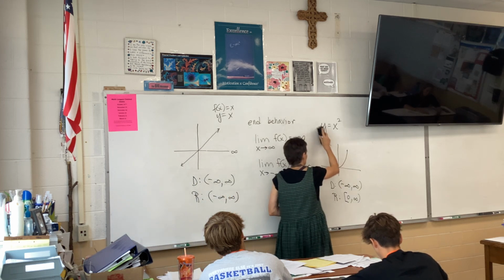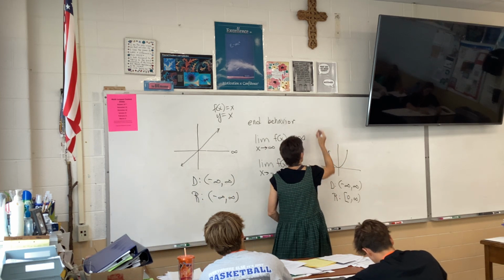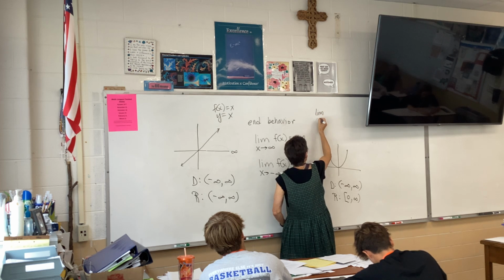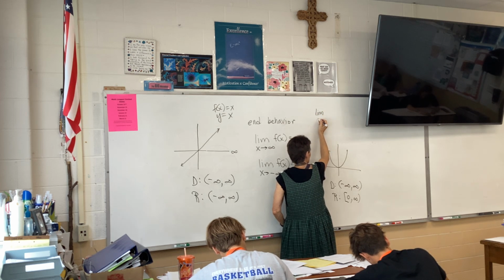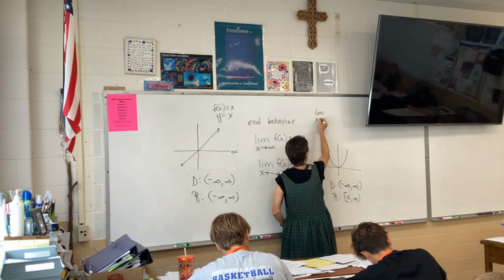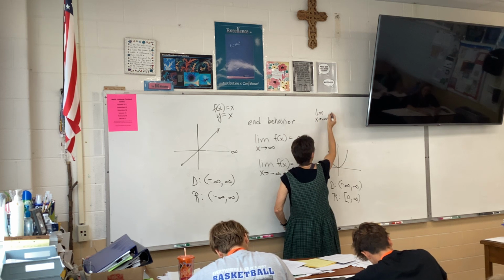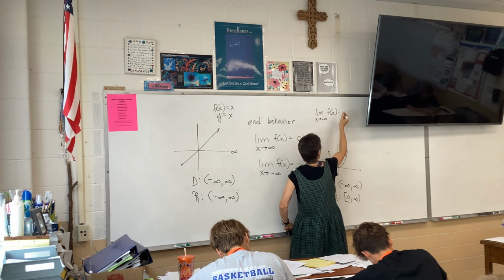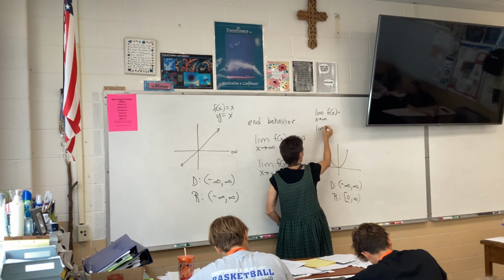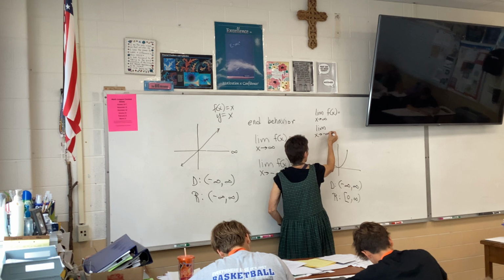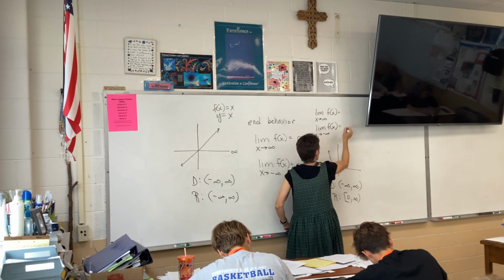Now, let's talk about end behavior. Every time we do end behavior, you have to write it. There's no shortcut for it, but you're going to write the limit as x approaches infinity of your function is something, and the limit as x approaches negative infinity of your function is something.